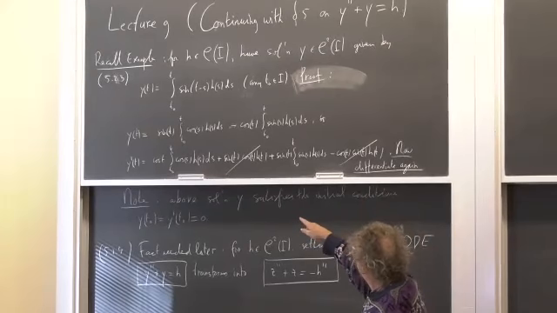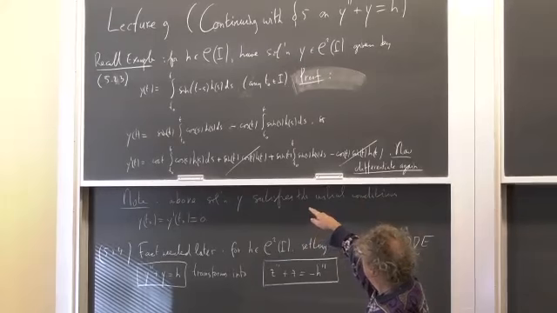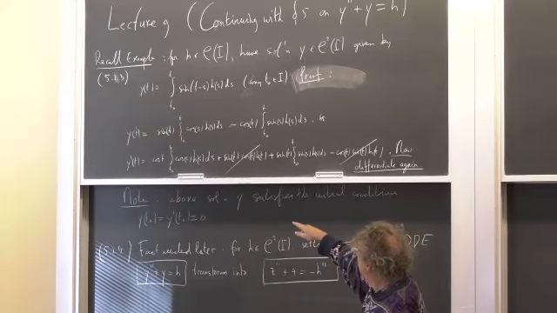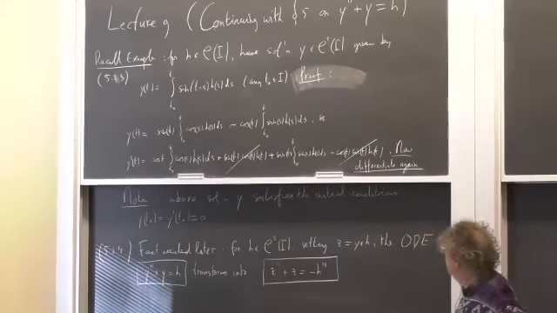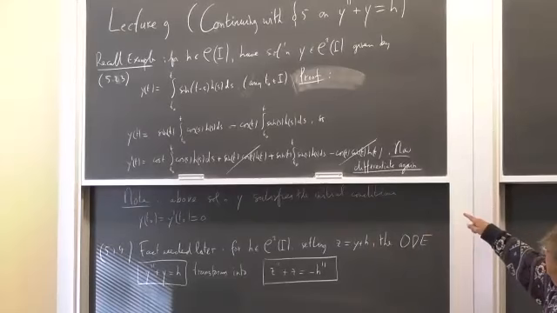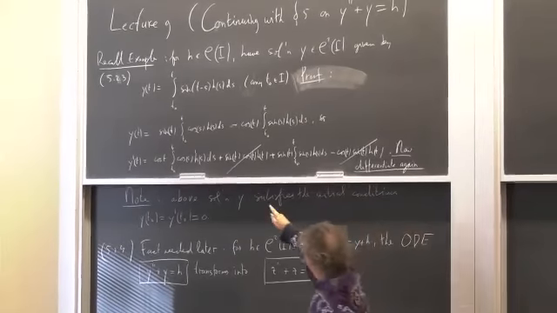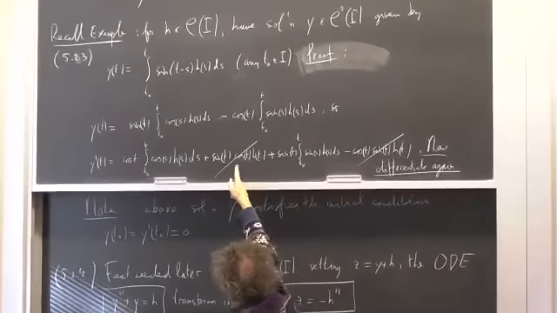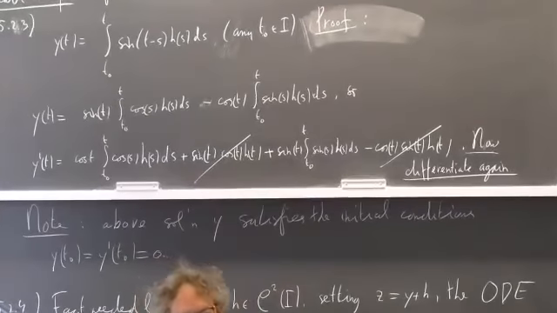The first term, sine t times the integral from t0 to t of cosine s h(s) ds, gives you, if you differentiate, cosine t times this integral plus sine t cosine t h(t), and the second term gives you the other terms, and then you see that you have a cancellation here. That's exactly the cancellation which you need so that you can differentiate again.